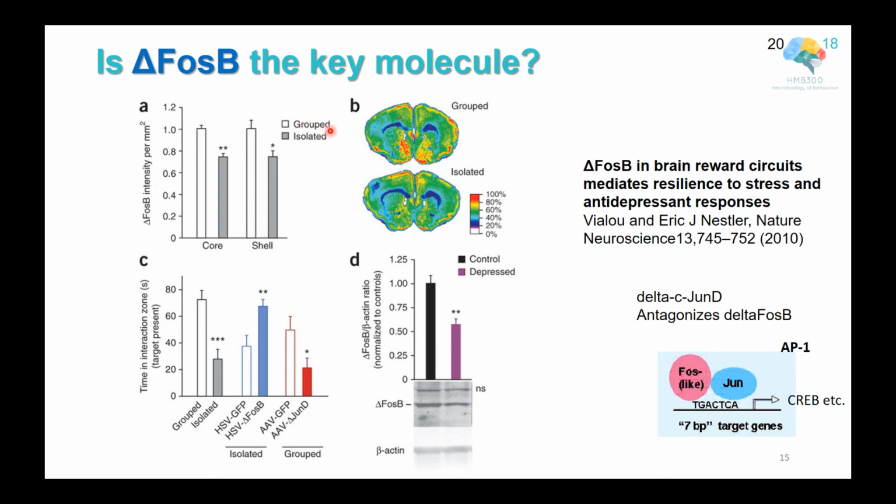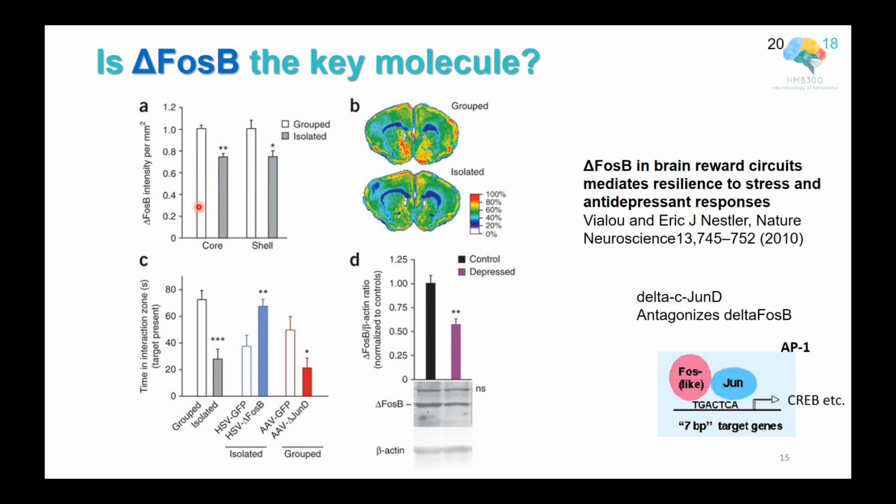So remember, we can induce depression in a number of different ways. In grouped animals, where animals are together, social mice, they're grouped together, they have lots of other friends to play with, we actually don't see any reduction in delta FosB in the nucleus accumbens. And again, I don't know what your neuroanatomy background is, but we can separate out the nucleus accumbens into two areas based on the types of neurons we find there.